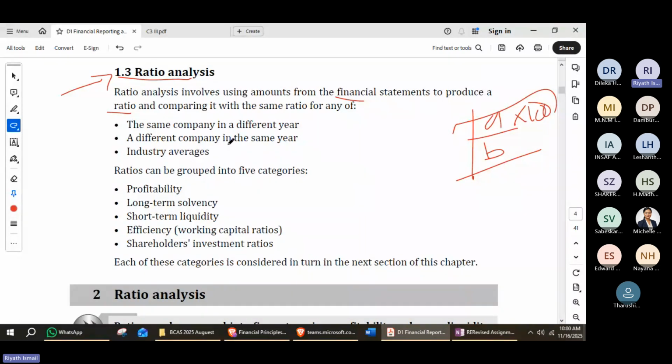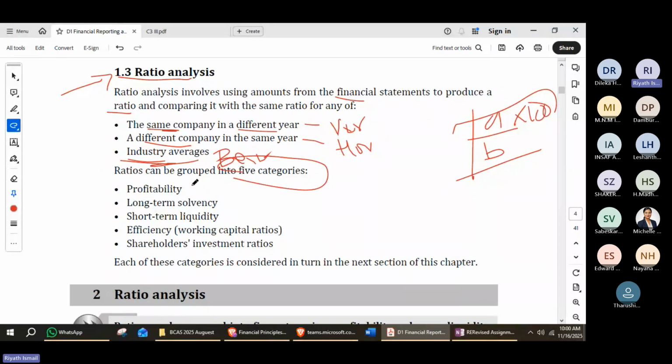You can compare the ratios of the same company in different years, this is vertical; different companies in the same year, horizontal; and benchmark industry average.